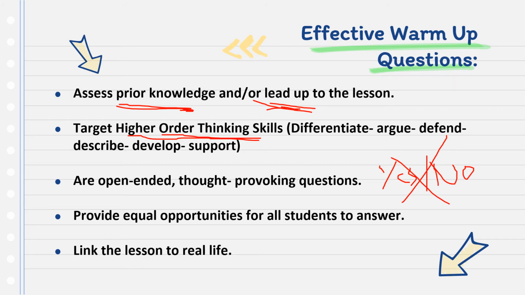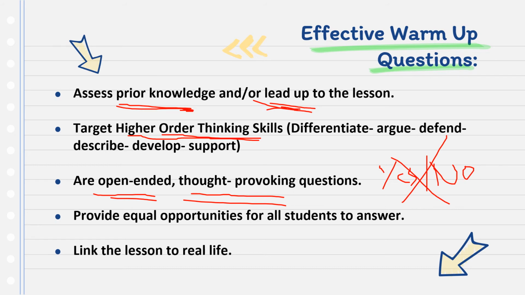Why? Because you want to make your question open-ended. You want to make it thought-provoking. You want to make the question a question that could start up a discussion. The question that could get students to start thinking and imagining and thinking of creative solutions and solving problems. Not one that is short and quick and will not give them room to express themselves and give their opinions.